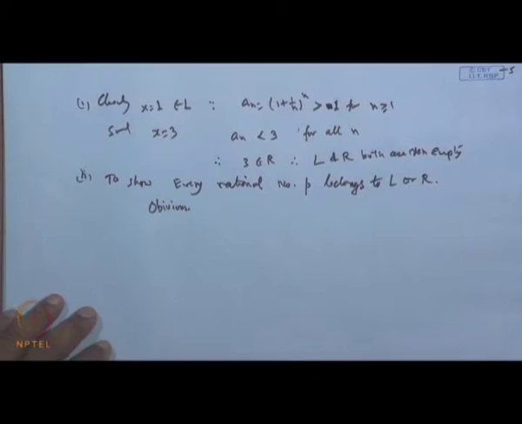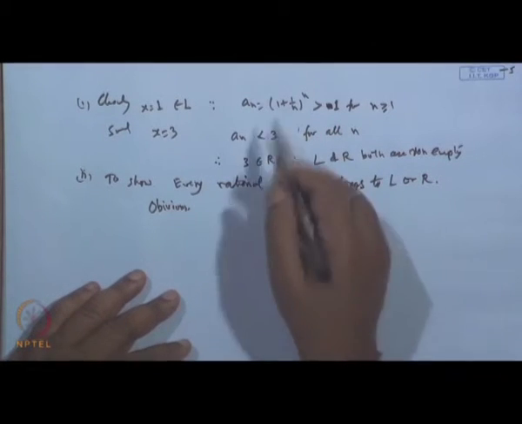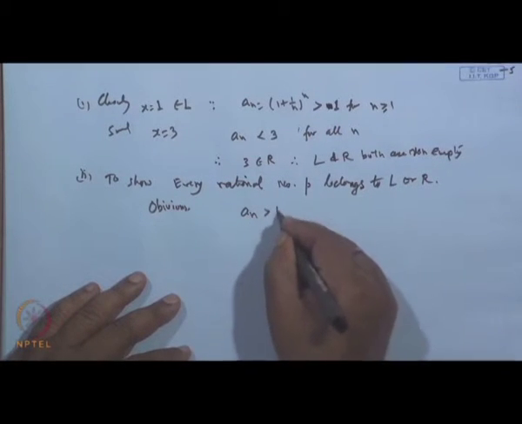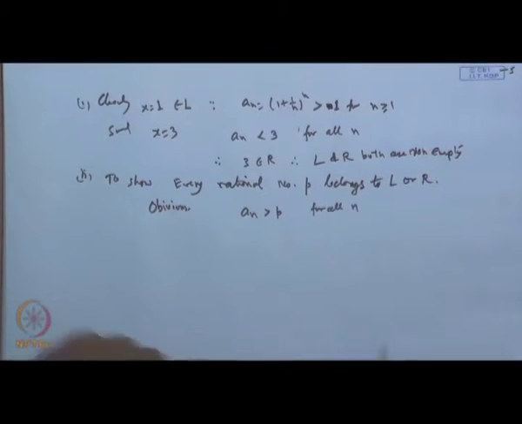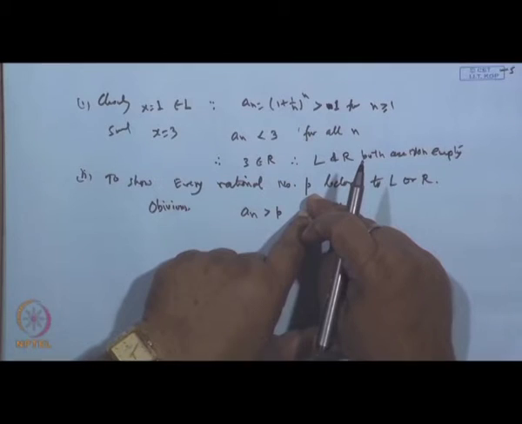Why? Suppose a_n is greater than p for all n. p is a number I am choosing.